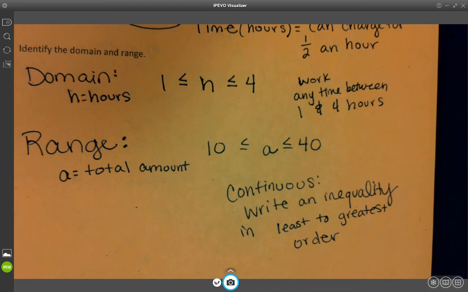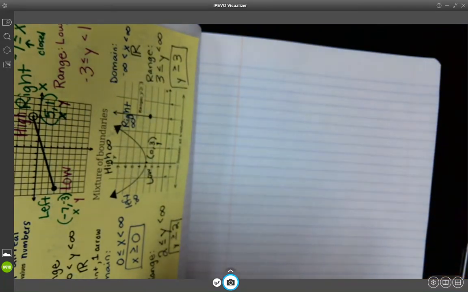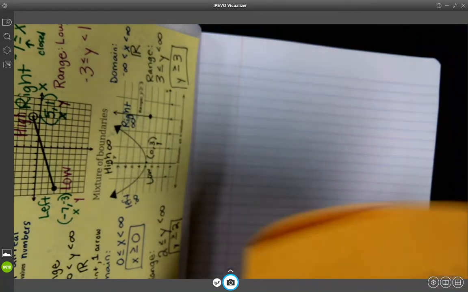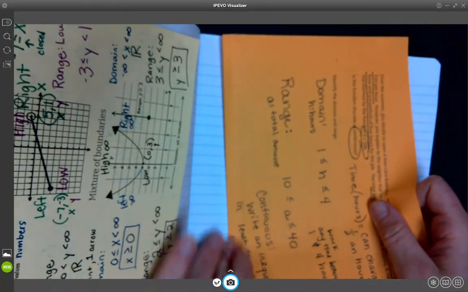Okay, so the way we're going to put this in our journal is it goes on this next page. You can just fold it. Make sure that you don't cut off anything whenever you fold this.